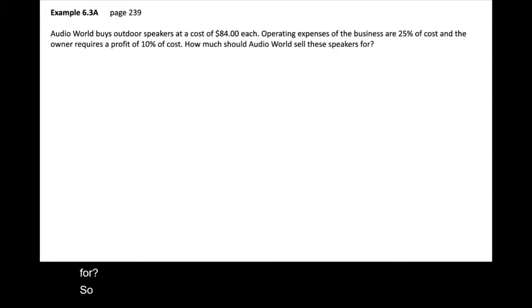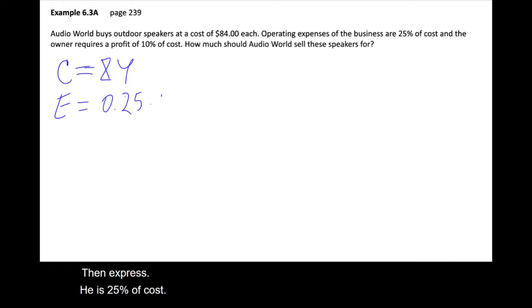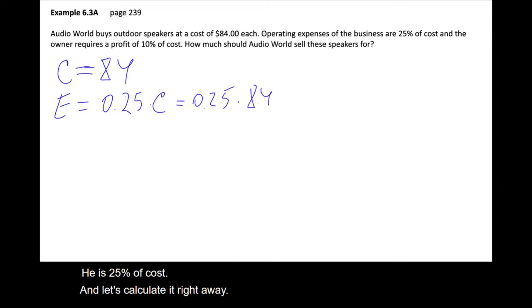Let's first list what we know. Cost is 84. Expense is 25% of cost, and let's calculate it right away. What is that, 21?